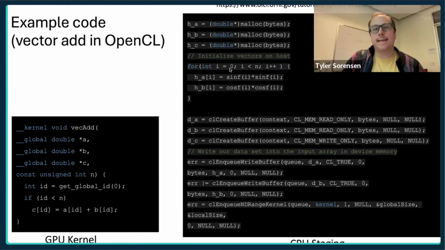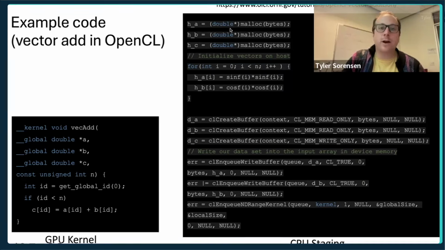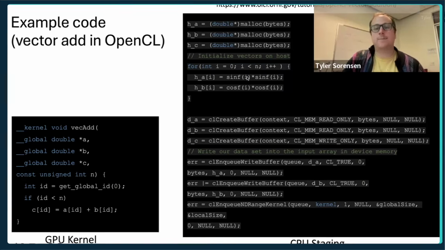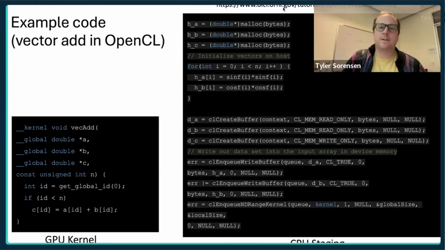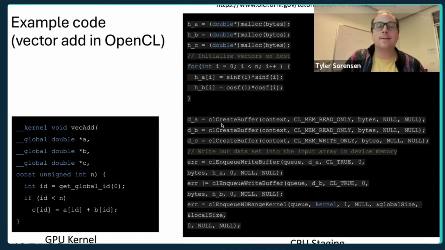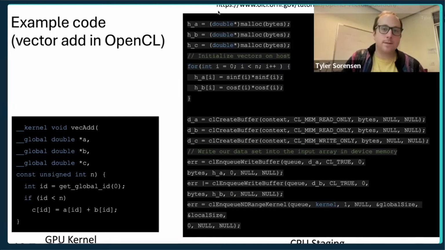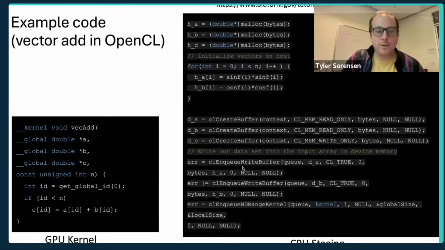And then on the CPU staging part, the CPU typically allocates memory on the CPU using malloc, and initializes that memory. This is just from an example online. Then it has to malloc the memory on the GPU using special GPU APIs. This is saying create a buffer on the GPU, and then it copies the memory from the host, from the classic CPU memory, to the GPU.